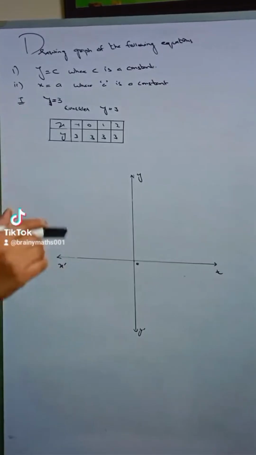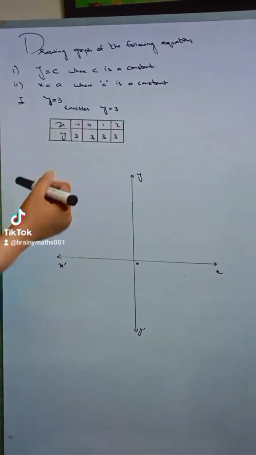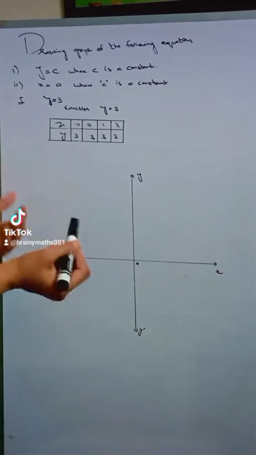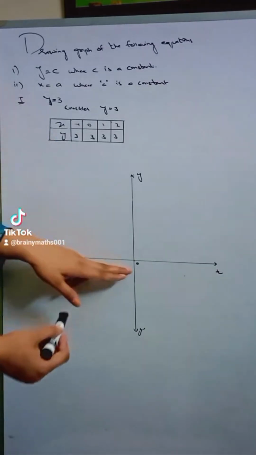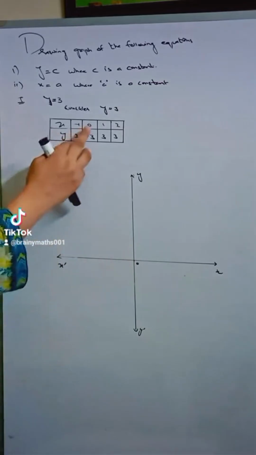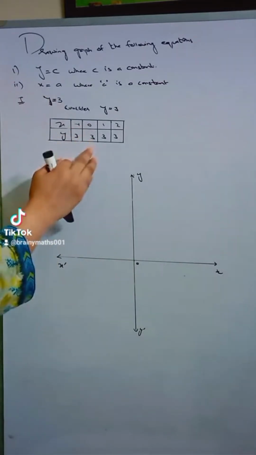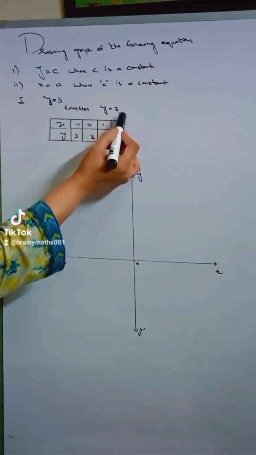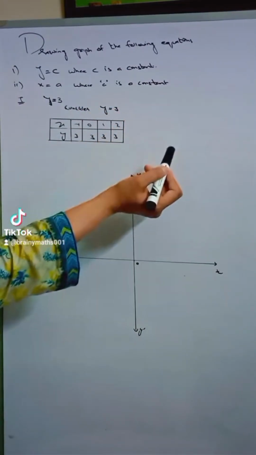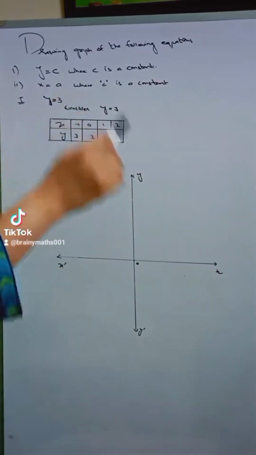Now, according to this question, if y equals 3, then there must be a value of x. So suppose if y equals 3, then x will be 0. And if x is 0, then what will be the value of y?